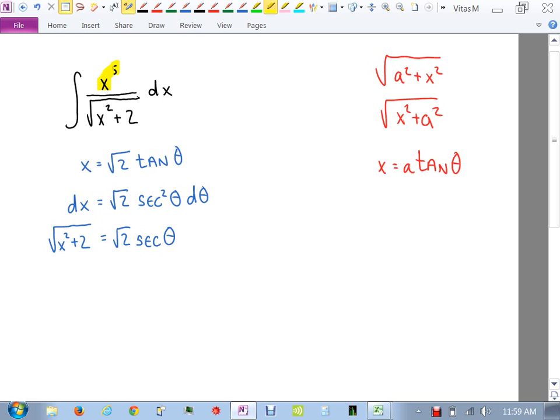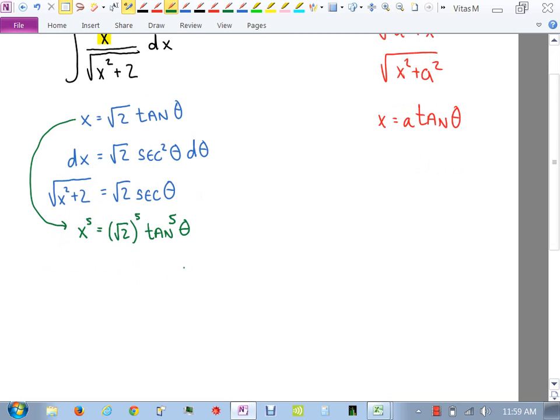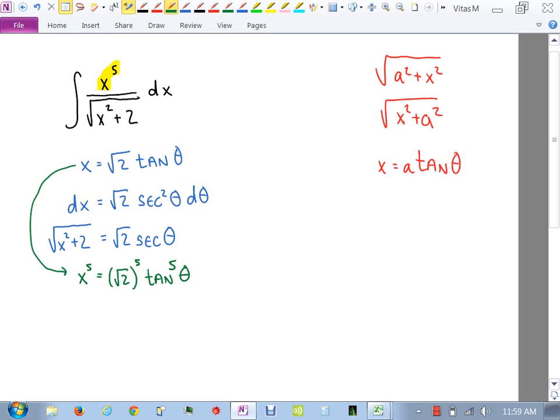I just need to take my x here and raise it to the fifth power, so I'll do that down here. x to the fifth equals root 2 to the fifth, I'll deal with that later, tangent to the fifth theta. Just raise both factors to the fifth power. And now I'm ready to go. That'll be this.